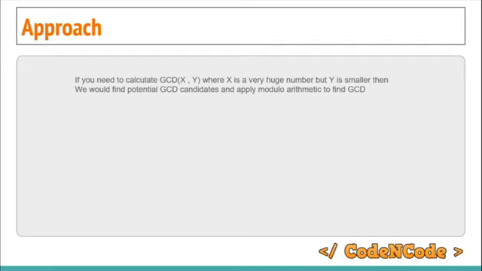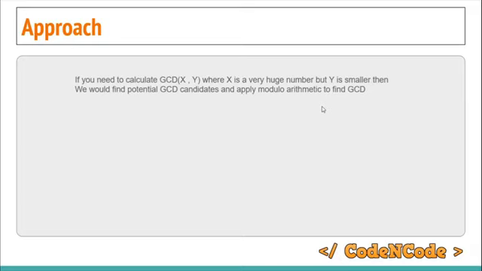So the approach for this kind of question, even if some problem of this kind appears in the future, is this: if you need to calculate GCD of two numbers x and y, where x is huge and y is smaller, which can be represented in an integer or long int, then we can first find the potential GCD candidates, and then apply modular arithmetic to find the GCD.